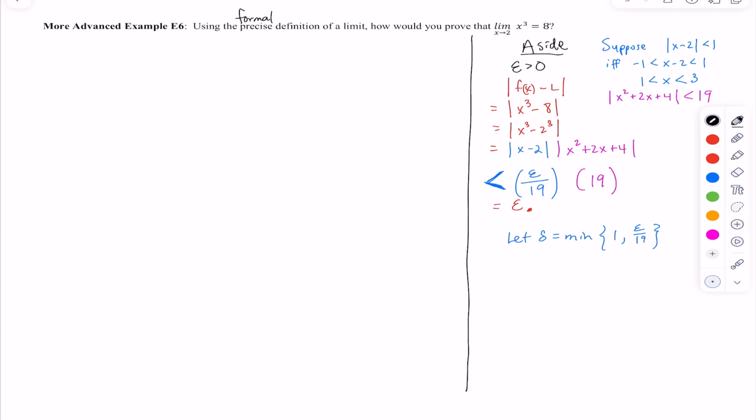Now, when you write the formal proof, make sure your sentences are in the right order. You have to start with epsilon being greater than 0. Then go ahead and declare your delta. And then we'll write the cases for delta.